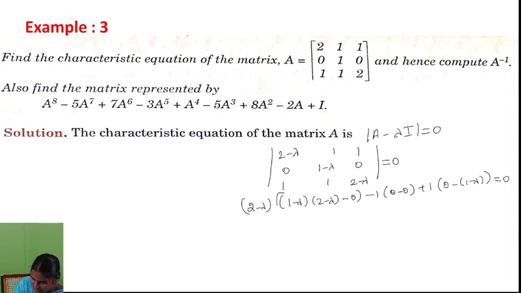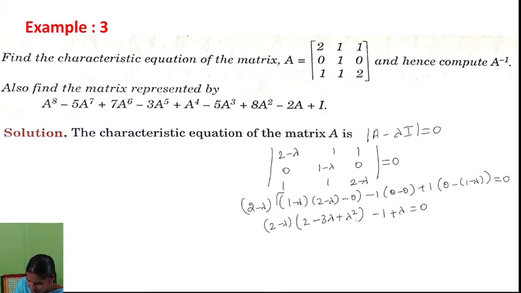So simplify this equation, what do we get? 2 minus lambda into 2 minus 2 lambda minus lambda, which is minus 3 lambda plus lambda square, plus 1 minus of minus 1, minus 1 will come here, minus 1 plus lambda equal to 0. Simplify this, what do we get?